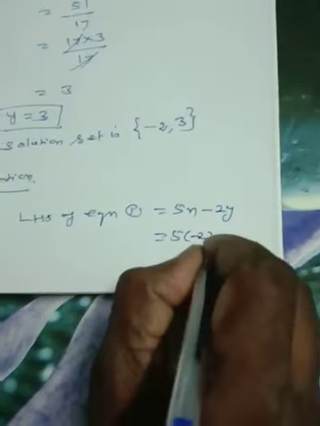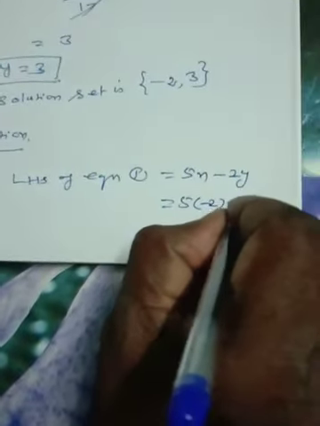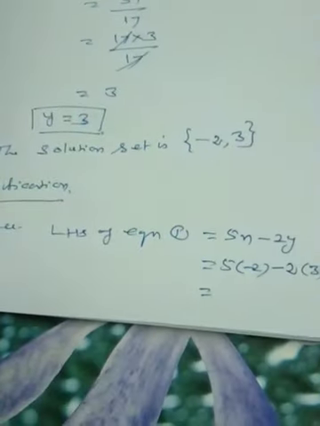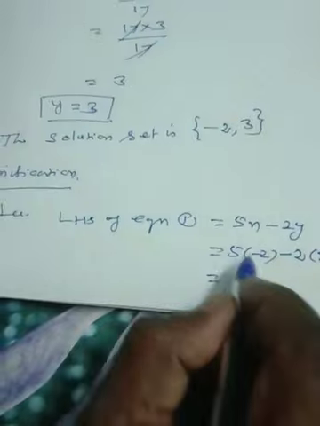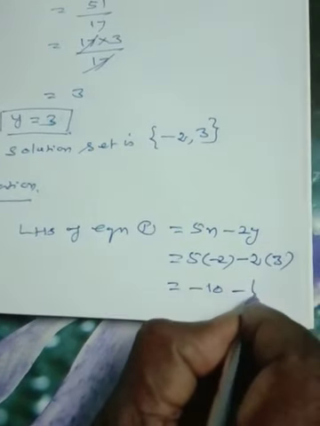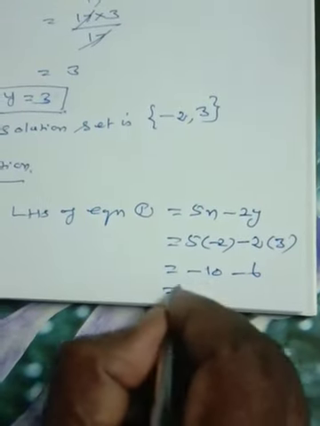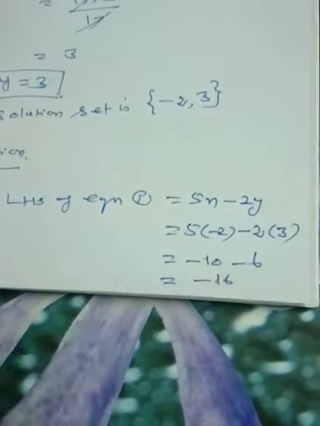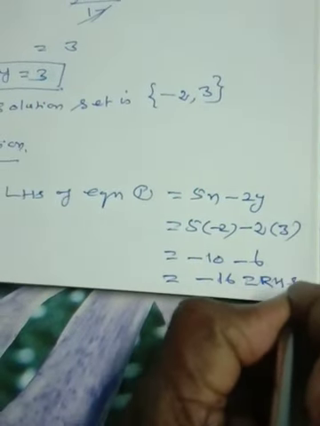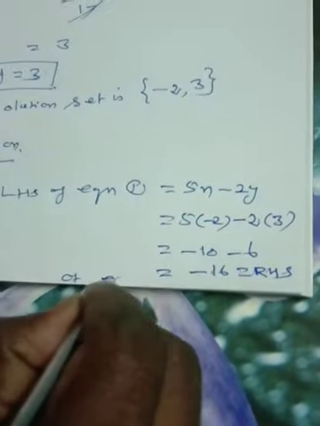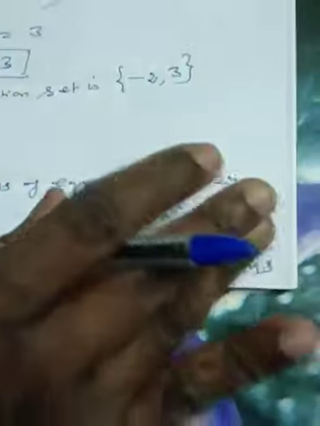Next apply x and y: 5 into minus 2, minus 2 into 3, is equal to minus 10 minus 6, is equal to minus 16, which is equal to the RHS of equation number 1. So LHS is equal to RHS.